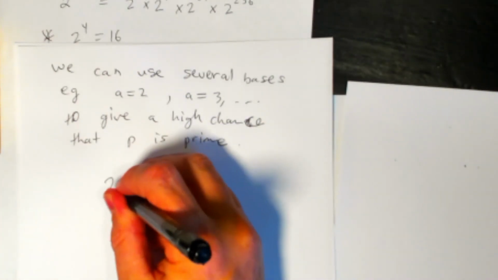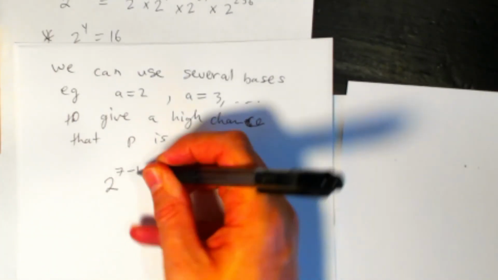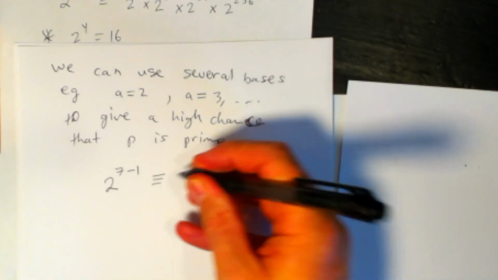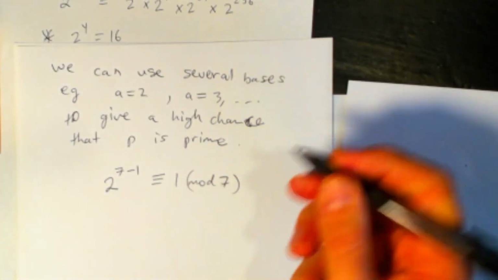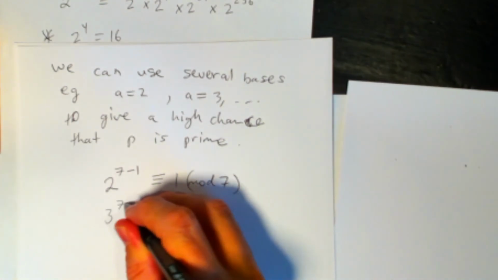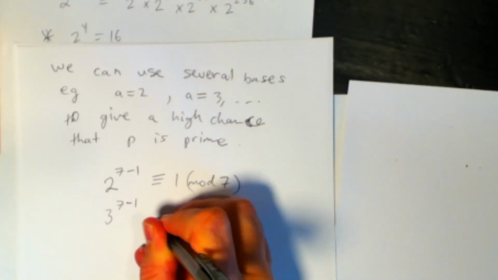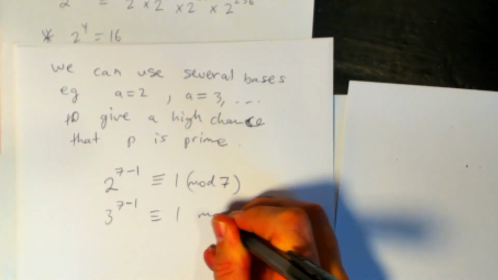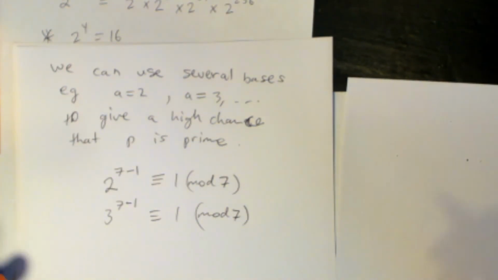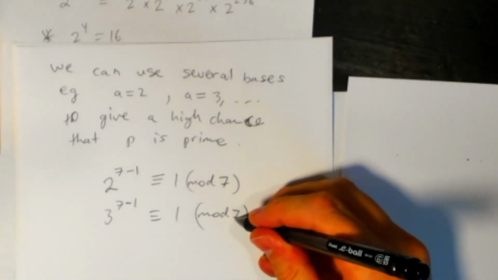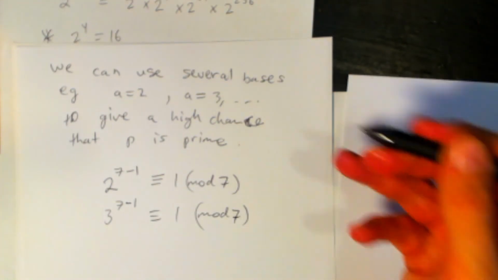Okay, so for example, 2^(7-1) is congruent to 1 mod 7, and 3^(7-1) will be congruent to 1 mod 7. So if you have enough of these, you can gain confidence that the number 7 is probably prime. Okay, we know it's prime, right?